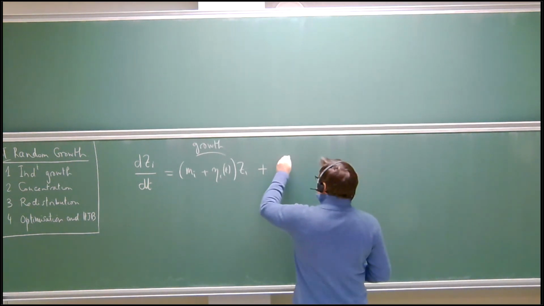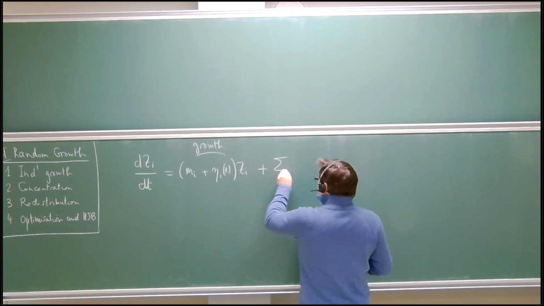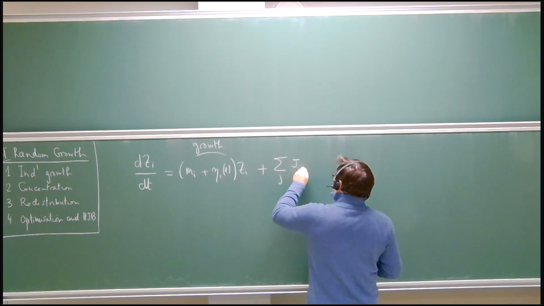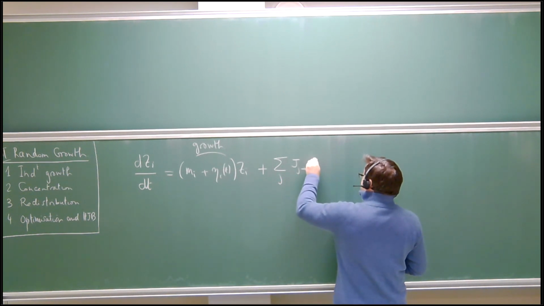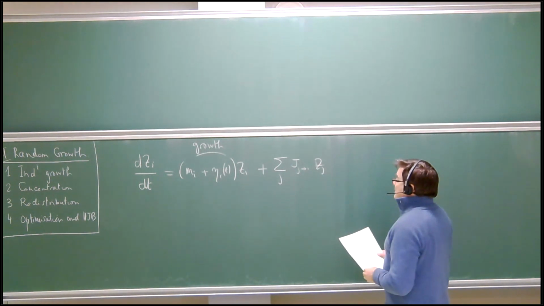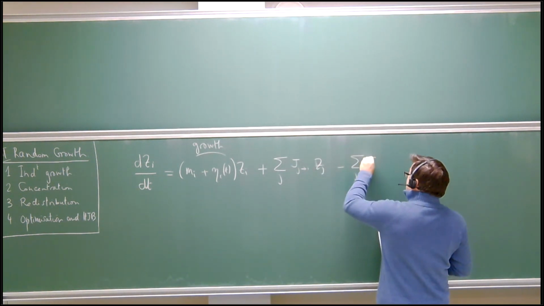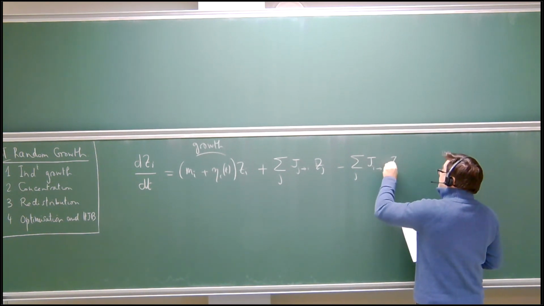So what I'm going to write is a transfer term: sum over j of J_ji Zj minus sum over j of J_ij Zi.